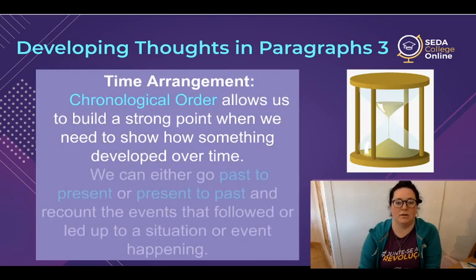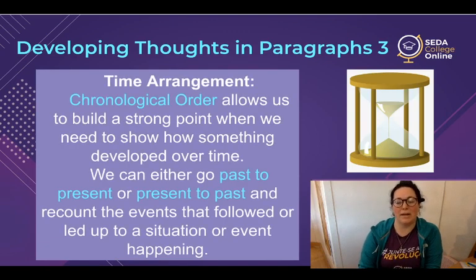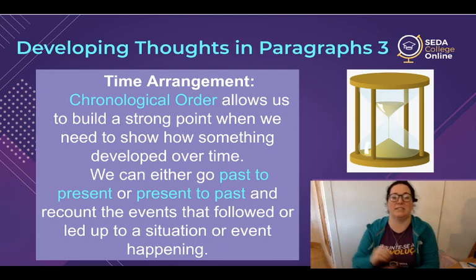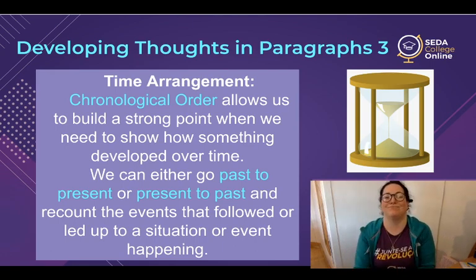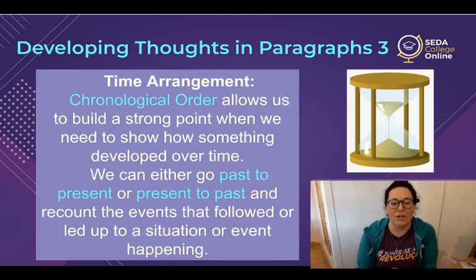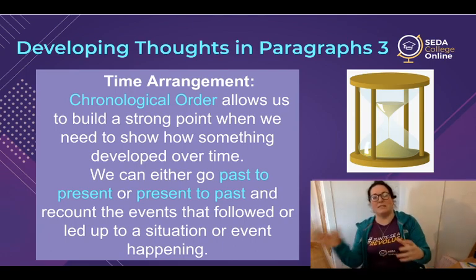Time arrangement. Okay. So let's take a moment and say you're going to talk about a volcano exploding. Pompeii in Italy. What you would do is you would talk about it in a time way, and you could either do it past to present or present to past.